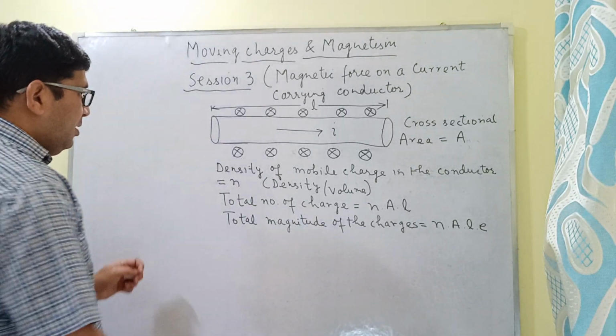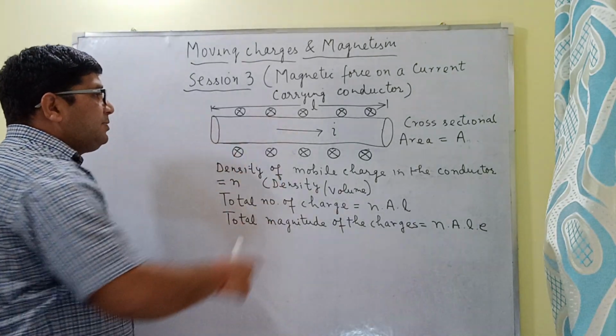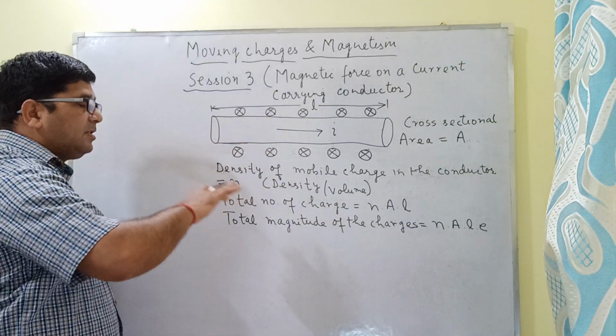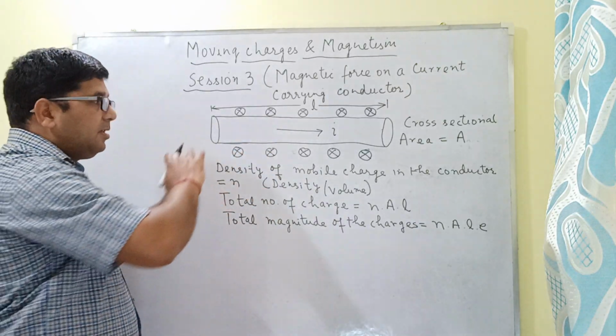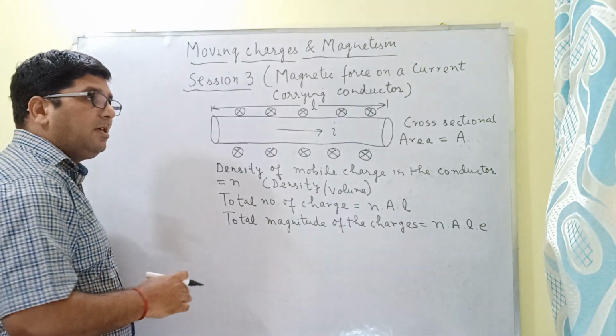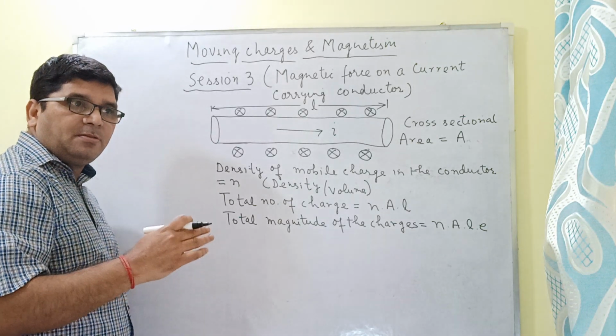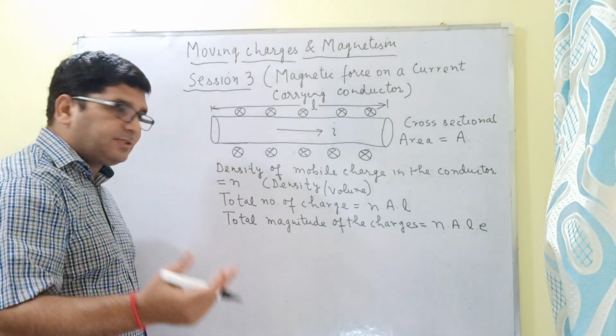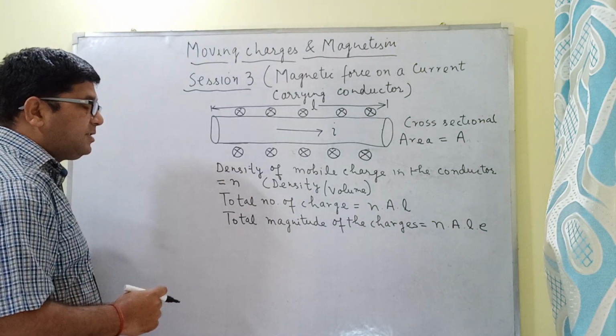ये हो गया. Now the electrons which are in this conductor, when they are moving then they collide with the positive ions, or you can say the positive charges.